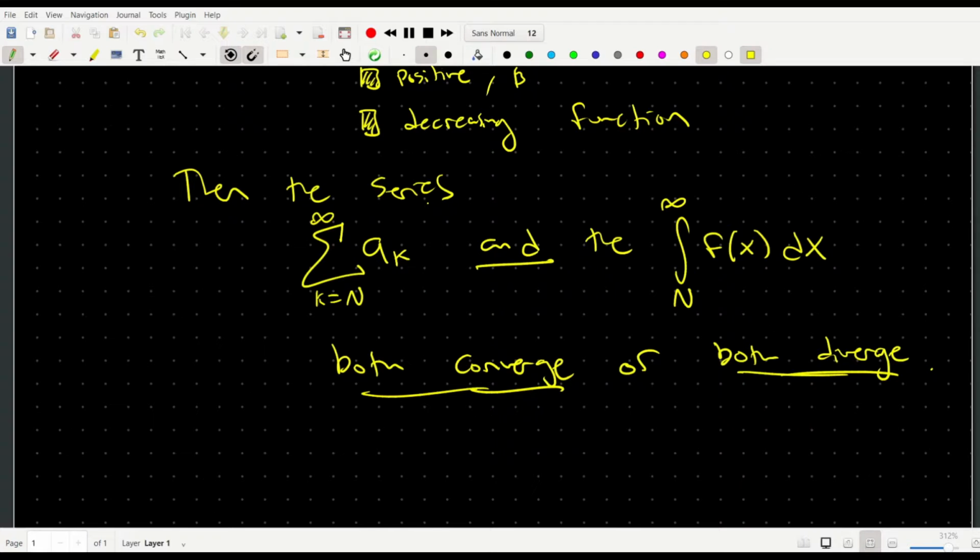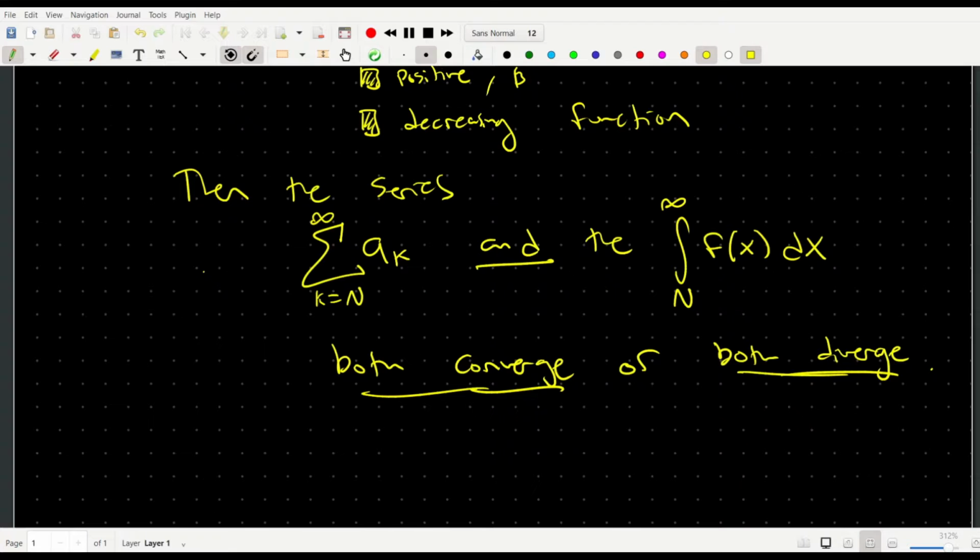And this is the basis of this theorem. It's exactly what this theorem is saying. So throughout this lecture, I'm going to go through and show you a couple examples of this. I'll justify this statement, and then I'll show how we can use this in a more advanced way to approximate the value of this infinite series.